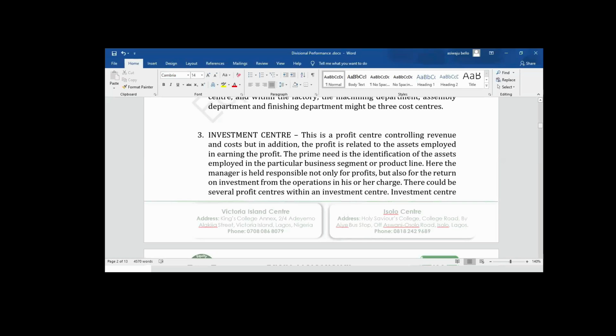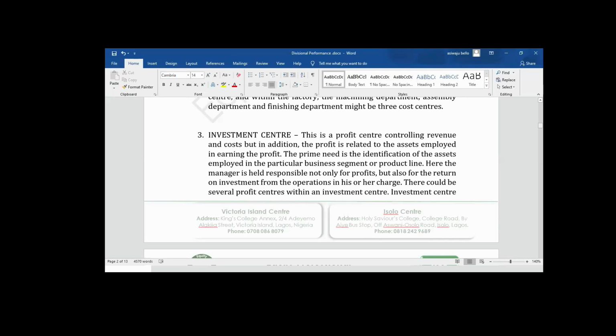An investment center is a business segment within an organization that is authorized to incur cost and generate revenue. In addition, this center can make investment decisions. The center can invest in assets. Hence, we can relate the profits to the investment employed. That is the concept of investment center.